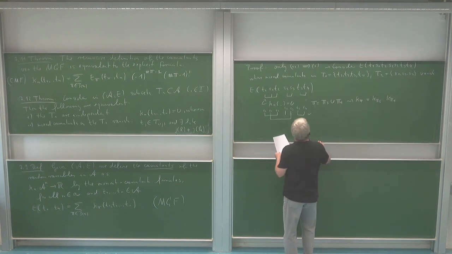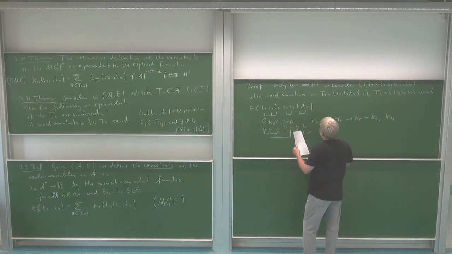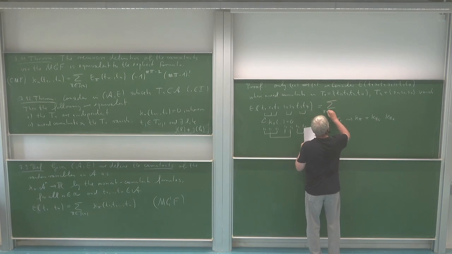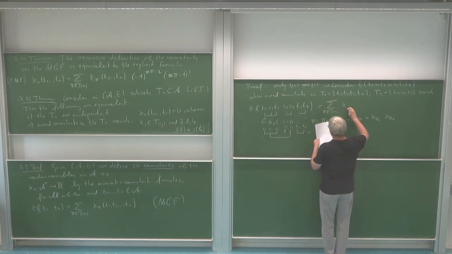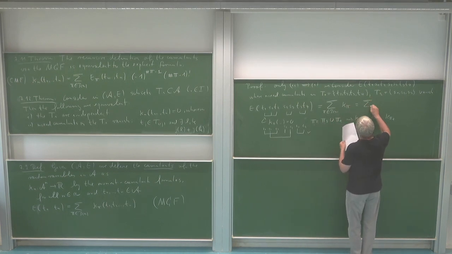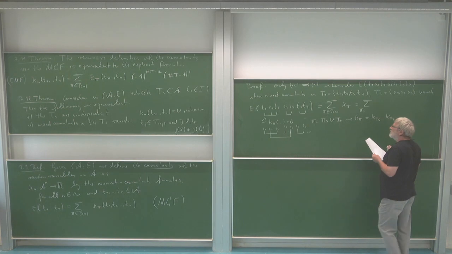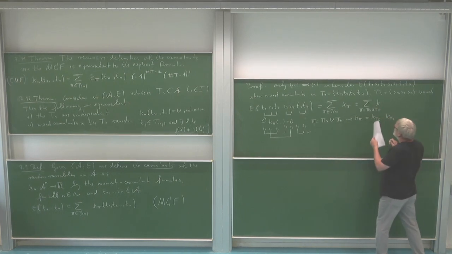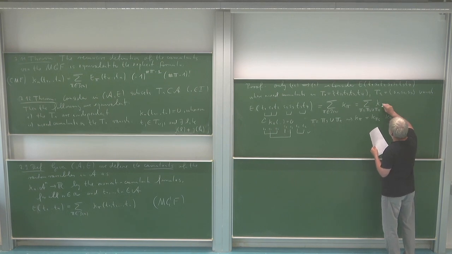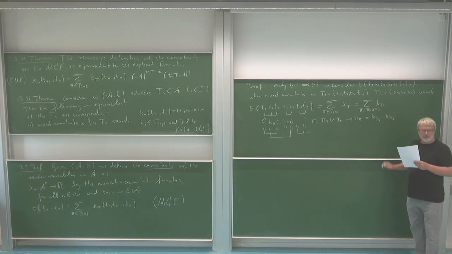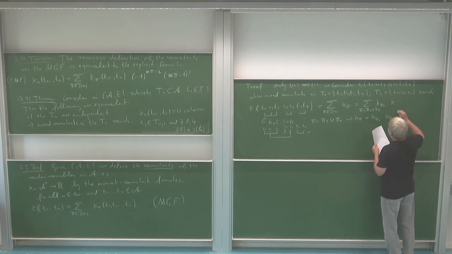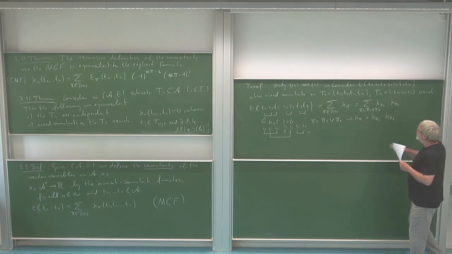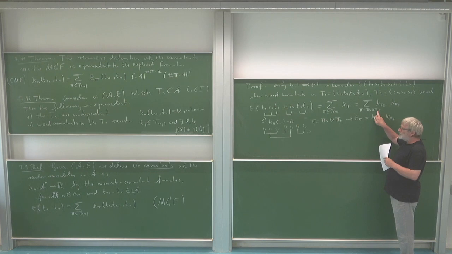This means that my sum, which a priori is a sum over all partitions, where I get this contribution kappa pi, is actually a sum where I only have to consider pi's which factorize into blocks which only contain S and blocks which only contain T. This contribution also factorizes into the product of the kappas corresponding to the blocks of pi S times the kappas corresponding to the blocks of pi T. But then you see I'm summing over those guys, and I'm summing over those independently.